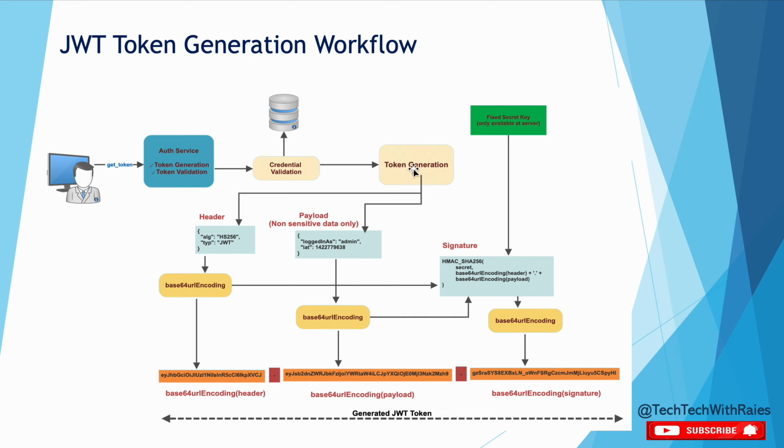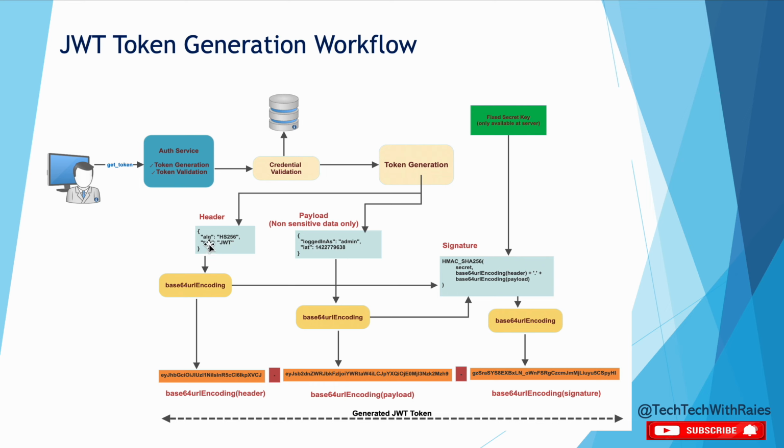Next, let us understand these three parts. This token generator will create three subparts: first part, second part, and third part. The first part is called header. In the header, it creates JSON format data. In the payload also it creates JSON format data. In the header, what items does it have?